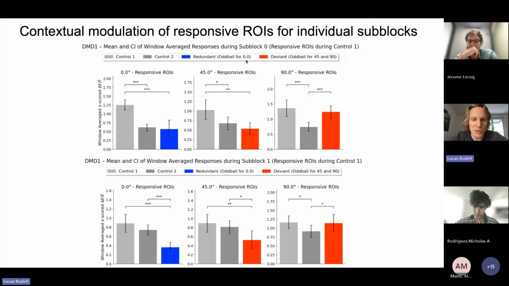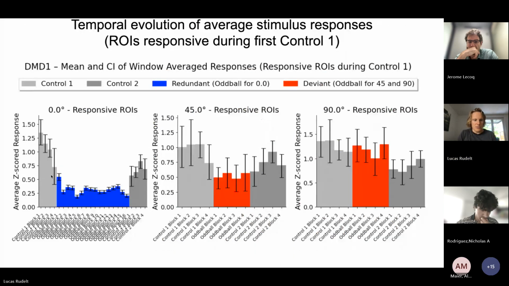So if we take the first half of the first control, second control, and the first half of the oddball, we see that there's this strong depression from control 1 to control 2, which is because of this transient dynamics, right? But if we look at the second half of each block, we see that the long-term depression effect is gone. So it's essentially going back. It's just looking at this part here and this part here, and they become pretty much comparable again.